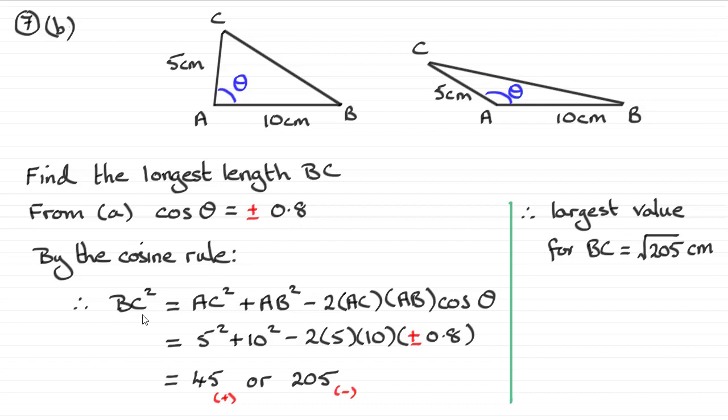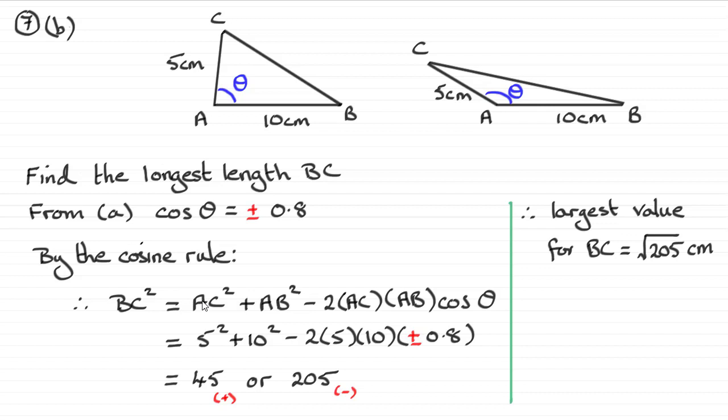So BC squared, the side opposite the angle, doesn't matter which triangle you're using, is equal to the sum of the squares of the other two sides minus twice the product of those two sides times the cosine of the included angle. If you're unsure of the cosine rule, do check out my videos on this.